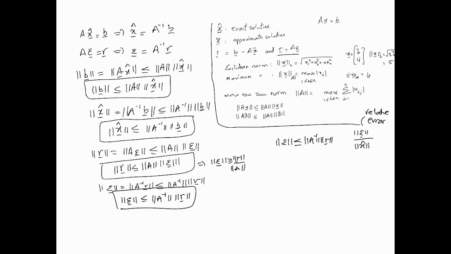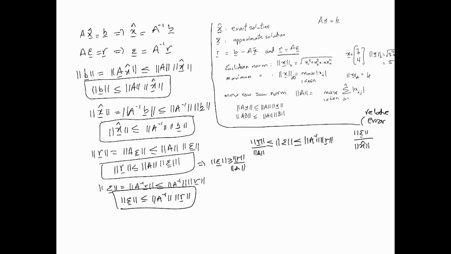Just send it to the other side, which means I've got my lower bound for epsilon, it's just R over A. So now I've got a very simple, straightforward upper and lower bound on epsilon.